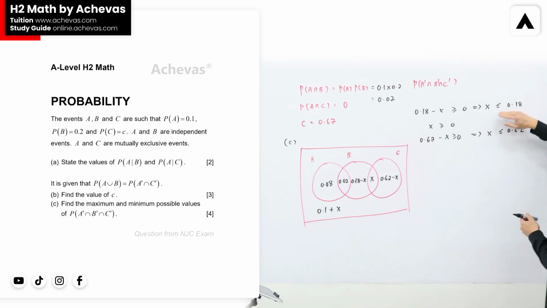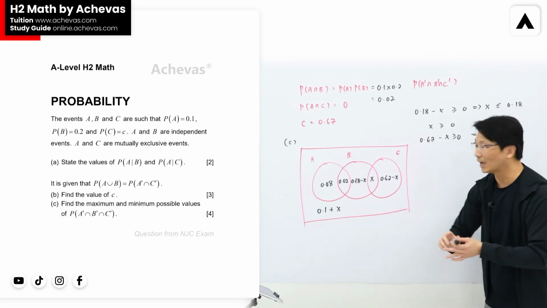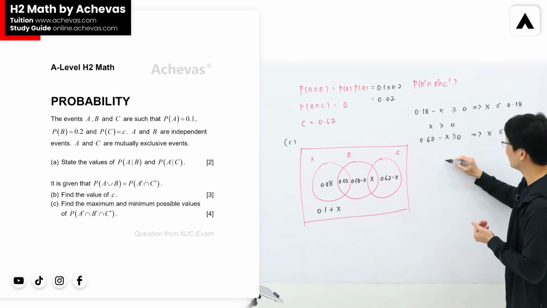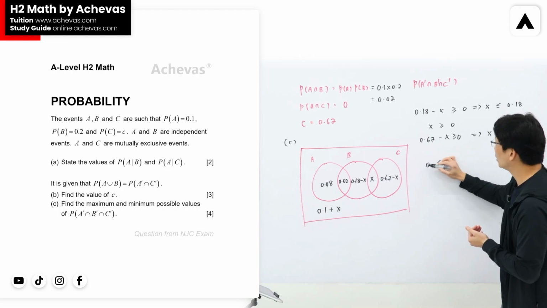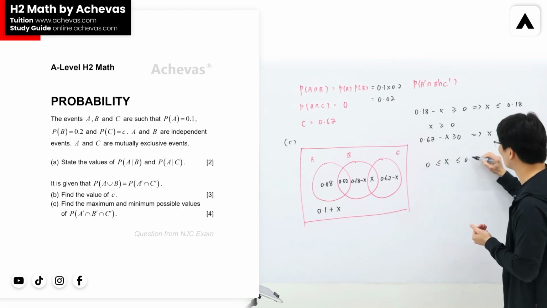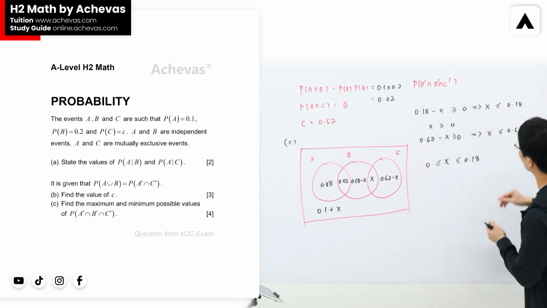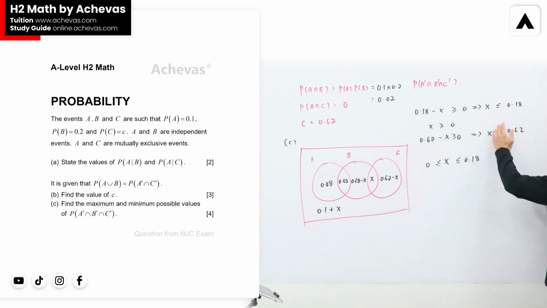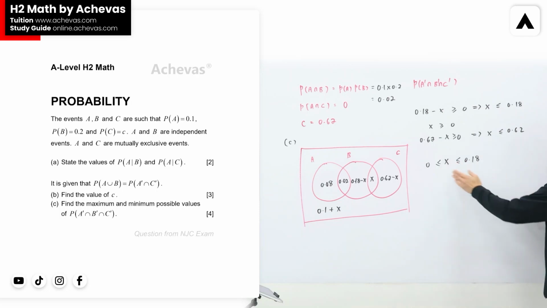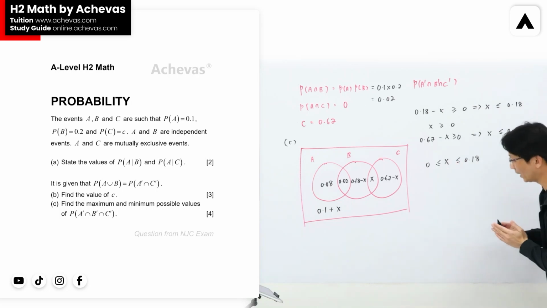Looking at the values of X that it can vary, and putting them together as a whole, I can see that the value of X can only range between 0 and 0.18. We can also use a number line to illustrate the overlapping region between these three. So the final result I will get is that X is between 0 and 0.18.